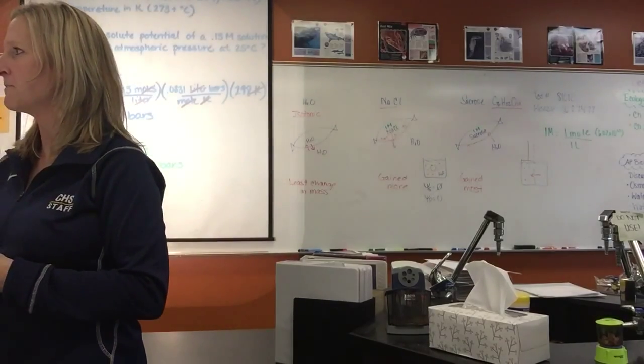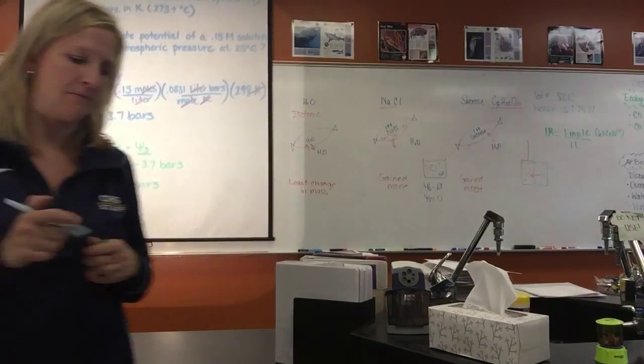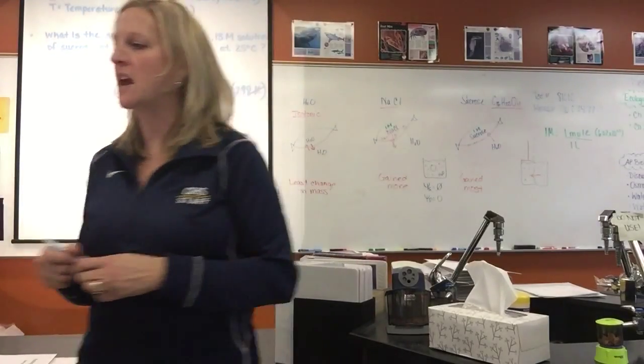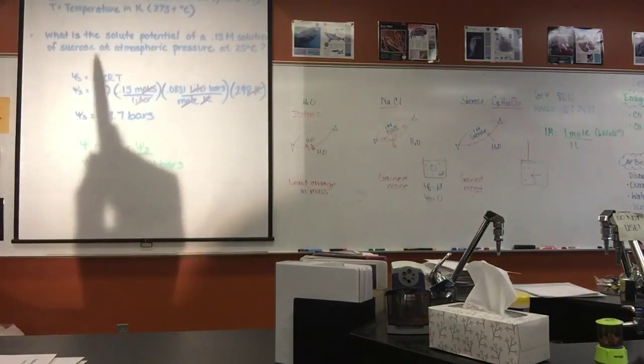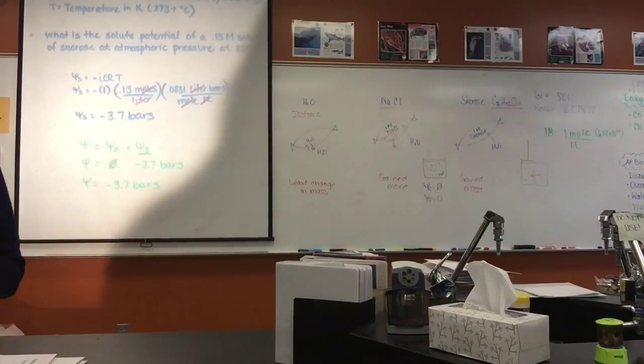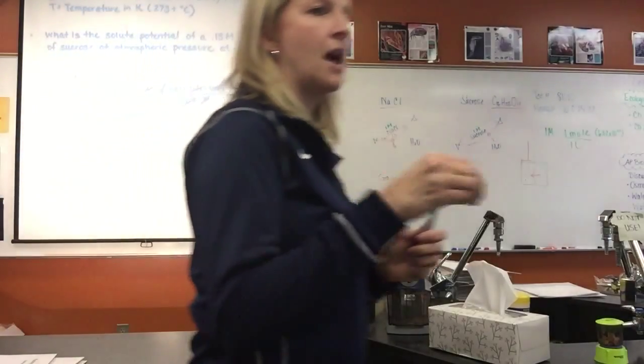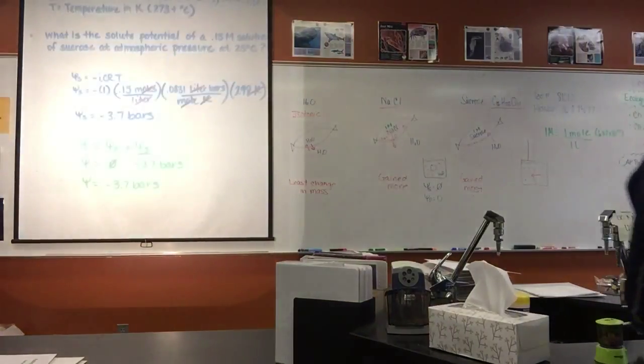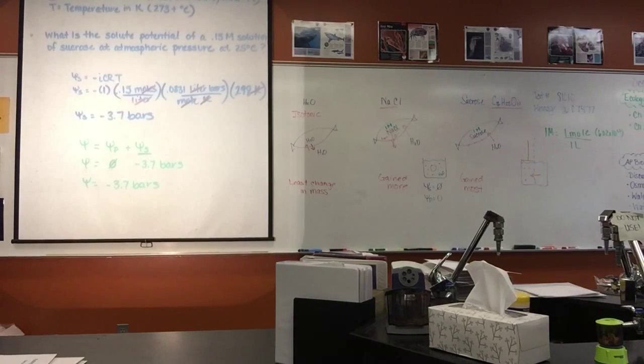Does that make sense? You really have to pay attention to the stem of a question. If it ever says at atmospheric pressure or open to the atmosphere, that's telling you there's no additional pressure and that the pressure potential is 0.